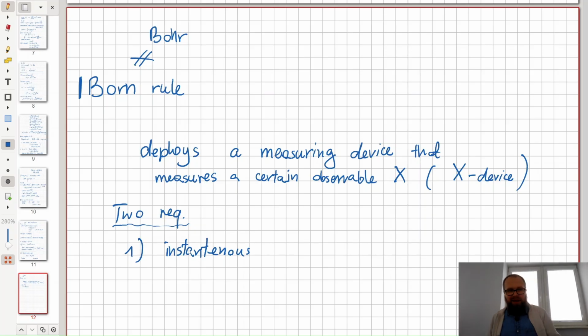And the second requirement is that upon conclusion of its task, the device will display to the user a single result, a singleton result, small x, that is taken from some predefined set of possible results.